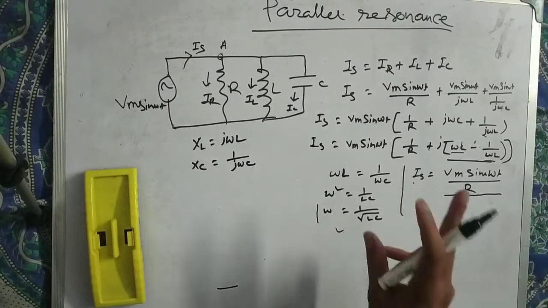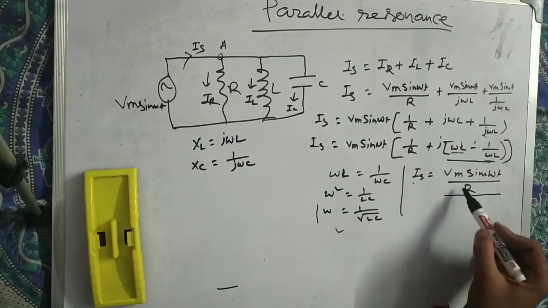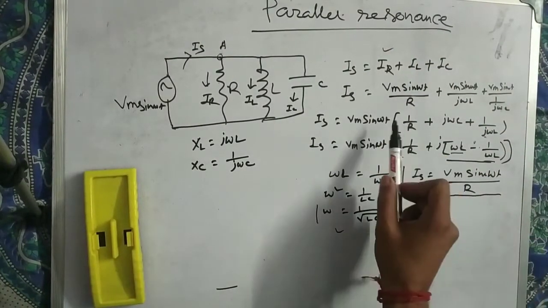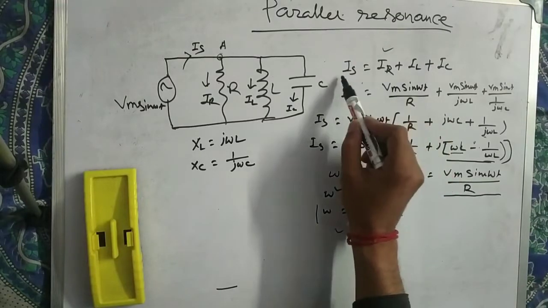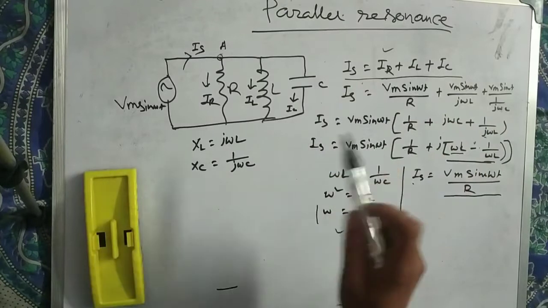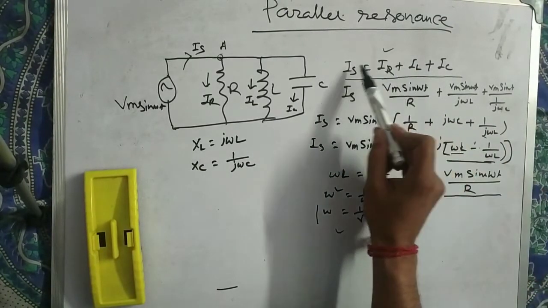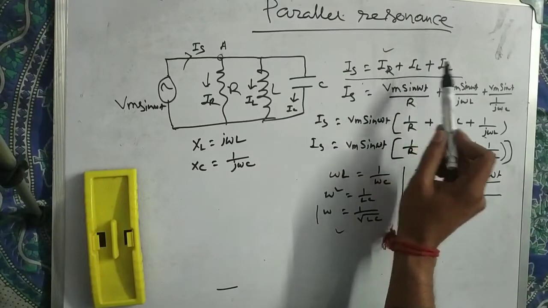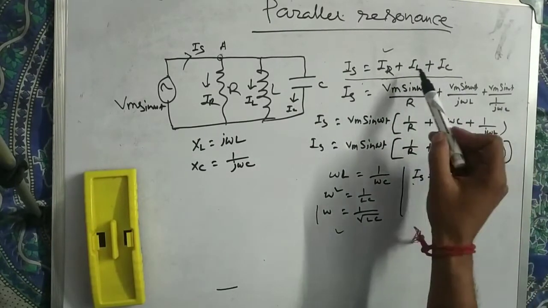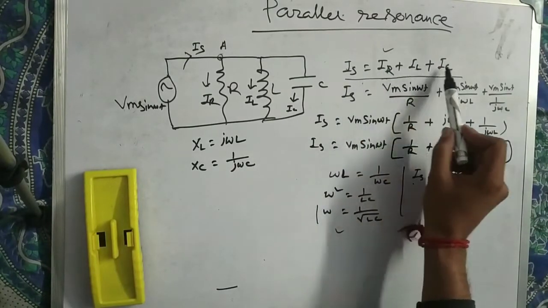One thing you have to remember, in parallel resonance circuit Is equal to only IR. So at resonance condition we are getting less current, because at any other frequency we will get Is equal to IR plus IL plus IC. So at any frequency we are getting more current, because source current equals the summation of the three currents.